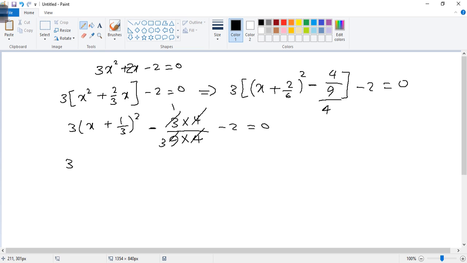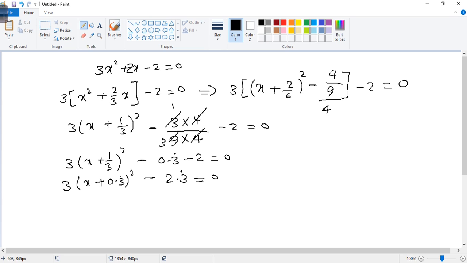That means 3 times x plus 1 over 3 squared minus 1 over 3, which means 0.3 recurring, minus 2 equals 0, and this is recurring 3 as well. It will be 3 times x plus 0.3 recurring squared minus 2.3 recurring equals 0.